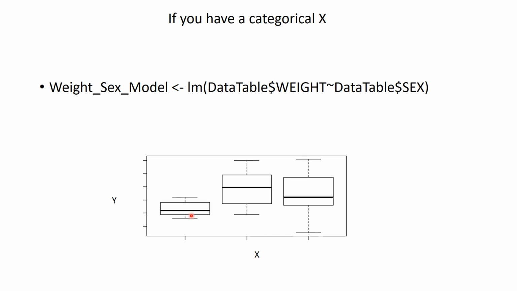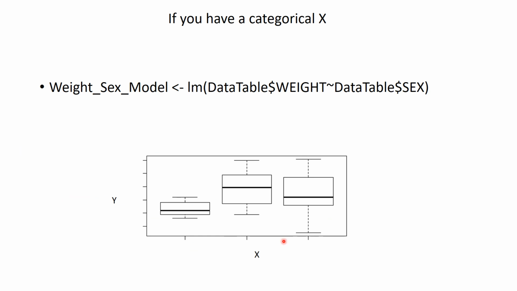So on the X axis, we can have different values. In this particular case, remember we have 3 different possible values for sex. One is M, one is F, and the third one is unknown. If we added another one, we could have more boxes. But in this case, we've got 3 different levels for our X variable, which is sex.